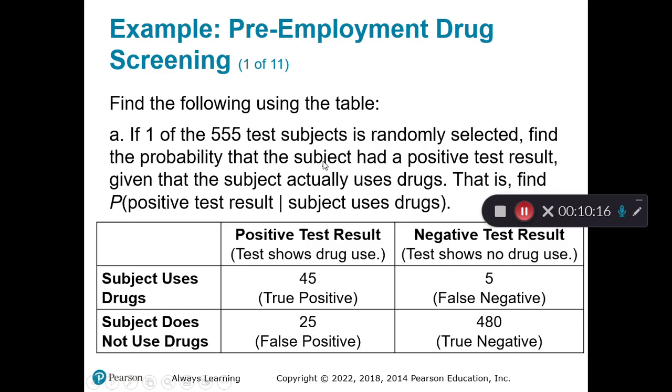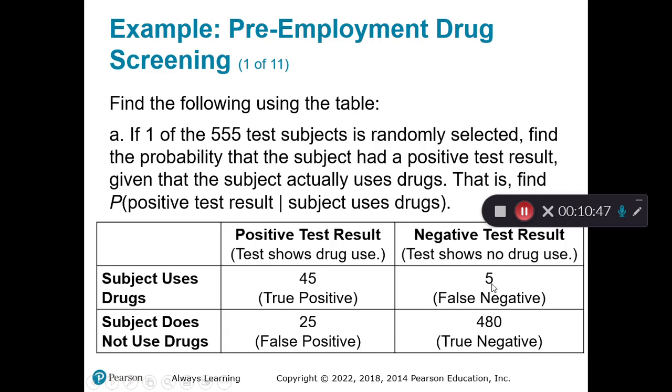So if one of these 555 test subjects is randomly selected, we need to find the probability that the subject had a positive test result, given that the subject actually uses drugs. So the given portion of this question is what we know to be true. The subject actually does use drugs. If we know that to be the case, that means we're only really interested in the people in the first row that are known drug users.